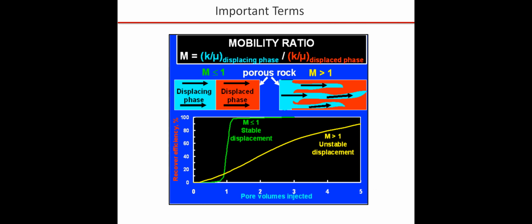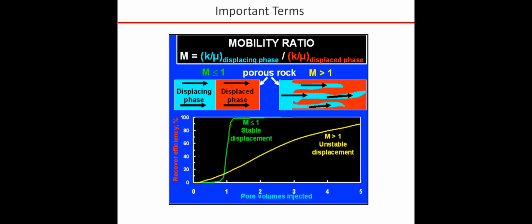This picture depicts the mobility ratio, favorable and unfavorable, stable and unstable. When it is close to 1 or less than 1, the displacement of oil by water is very stable. You can see from the curve, with 1 pore volume of water invading the pores, recovery efficiency is very high.